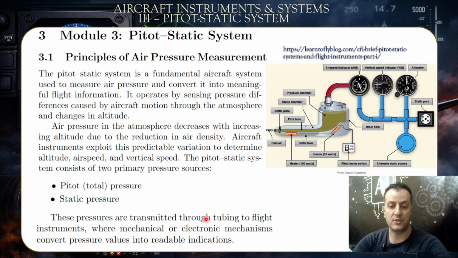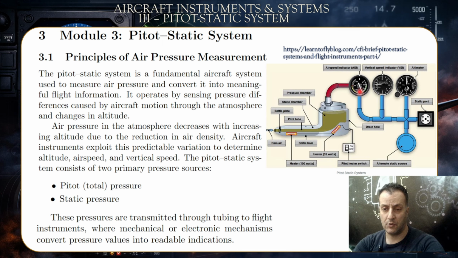So these pressures are transmitted through tubing, which is the pitot tube here, to flight instruments where mechanical or electronic mechanisms convert pressure values into readable indications, which are airspeed, vertical speed, and altimeter.